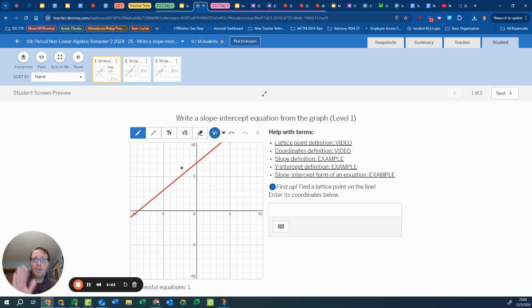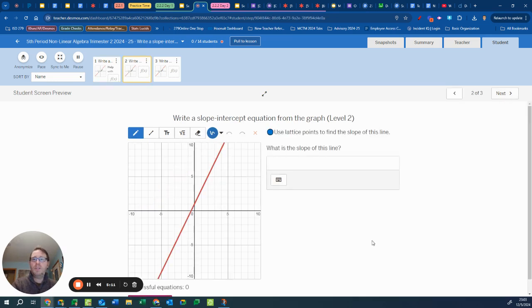Okay, if you need to go through that again step by step, you can. If you're feeling, hey, maybe I'm able to do this with a little less help, you go on to level 2, where it starts with, what's the slope? Once you do that, so here, I'm going to run through this. It looks to me like we've got 4 divided by 2 is 2.